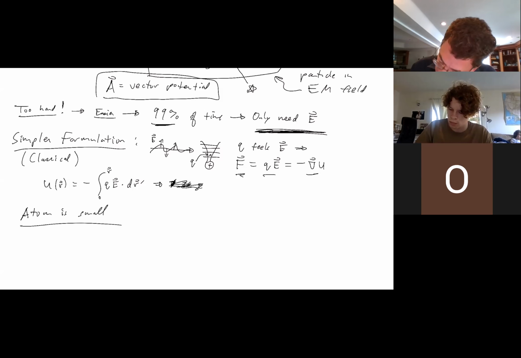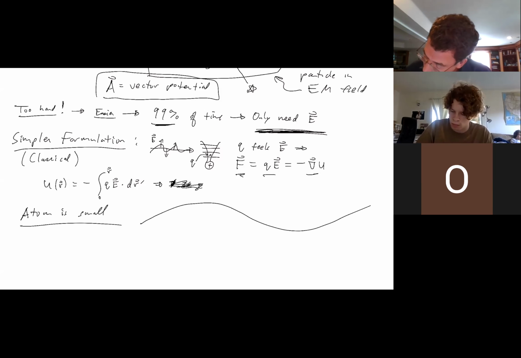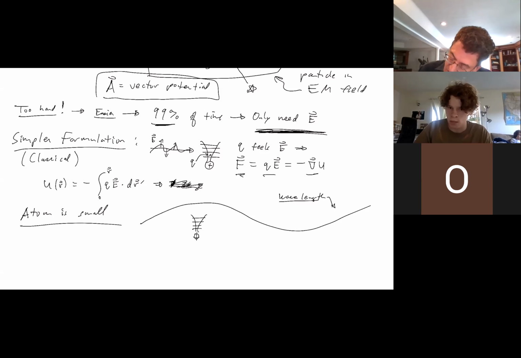And so if the wavelength of the light is giant, that's the wavelength of the light, but if the atom is tiny, there's my tiny atom with its energy levels, then over the distance of the atom, the size, delta x of the atom, I can say that the E field is constant in space.